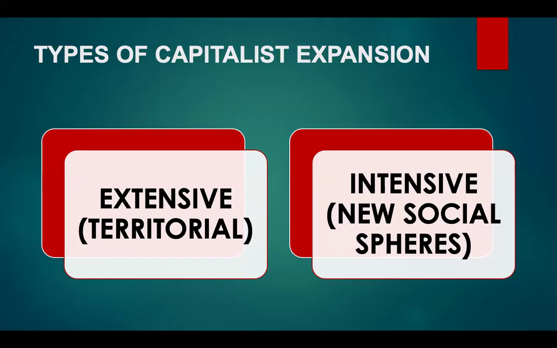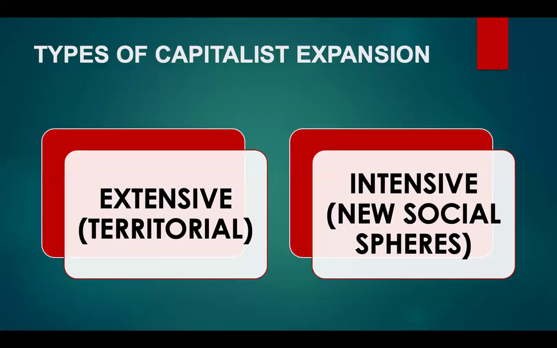More automation, productivity, and efficiency, increasing profits without expanding territory. Shifting from industrial production to financial speculation, where banks, loans, and investments drive profits. Also, surveillance capitalism. We will be talking about this in our next classes.